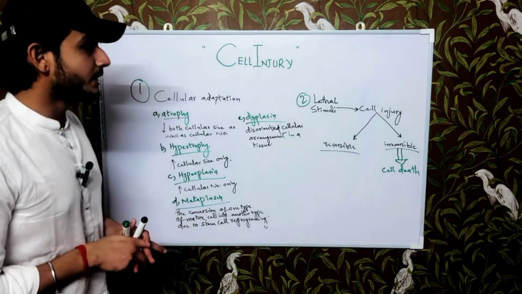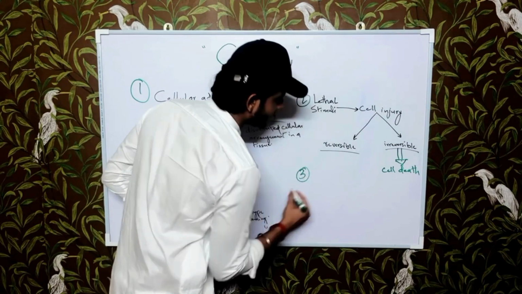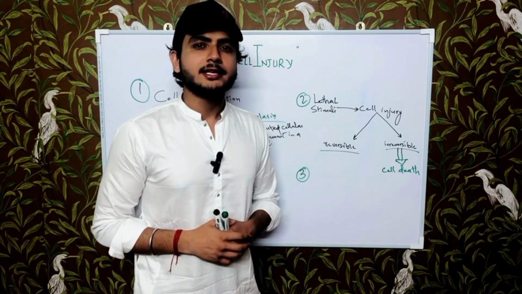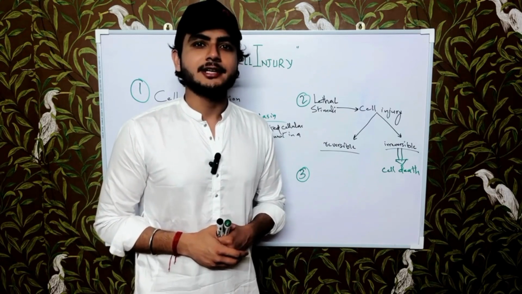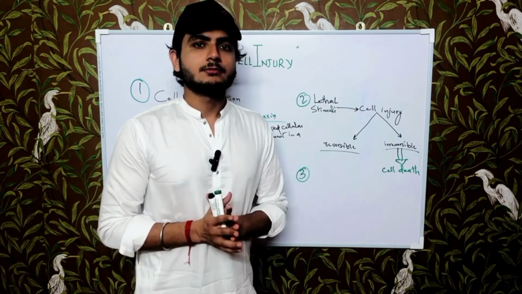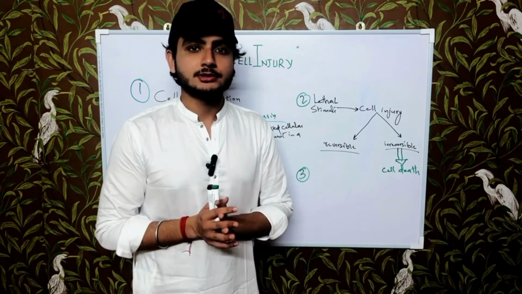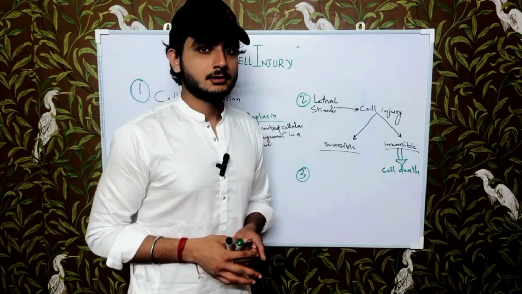Now coming to the third one. What should be the response of the cell due to any chemical stimuli? Due to any chemical stimuli, the cell responds by accumulation of certain substances. What does chemical stimuli mean? Chemical stimuli include drugs, toxins, or any other chemical.